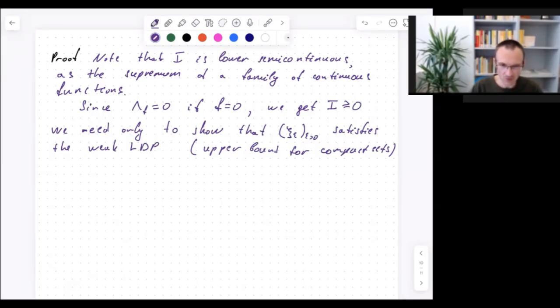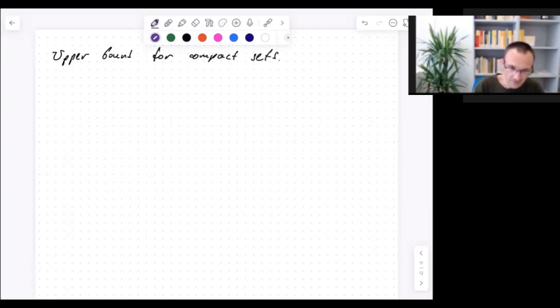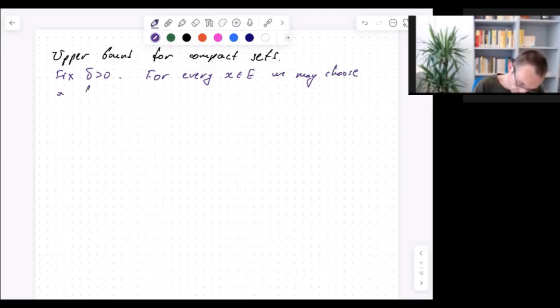And now to show the upper bound for compact sets, let's fix first of all delta that is larger than 0, and then for every x from E, we choose a function fx.